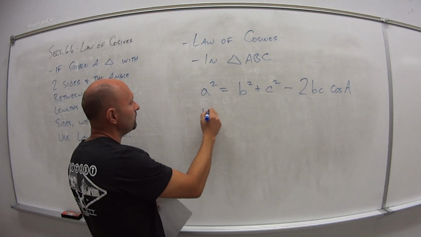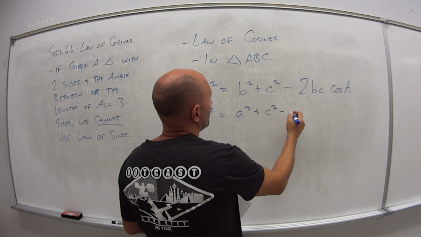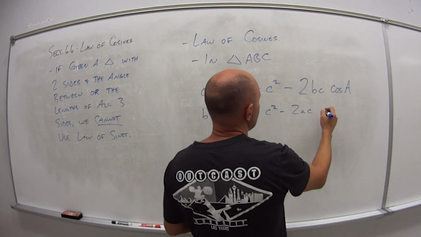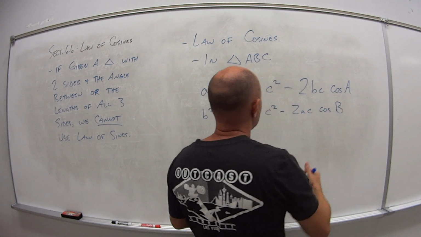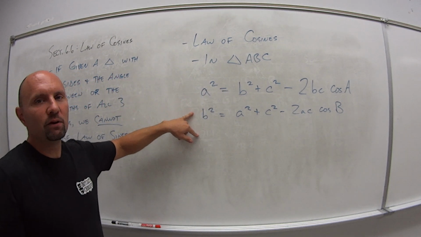So I could say b squared is equal to a squared plus c squared minus 2ac cosine of B, and likewise for c.